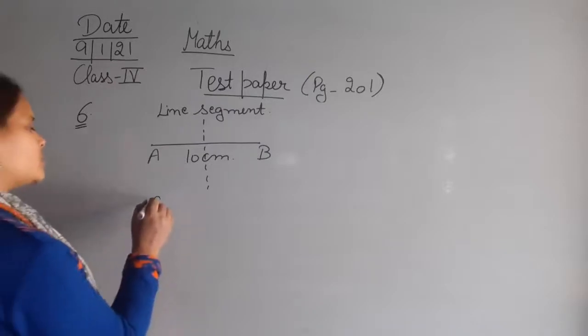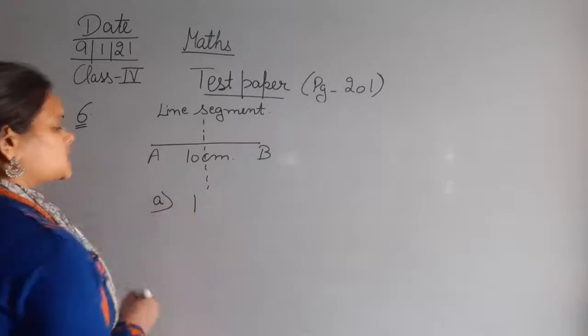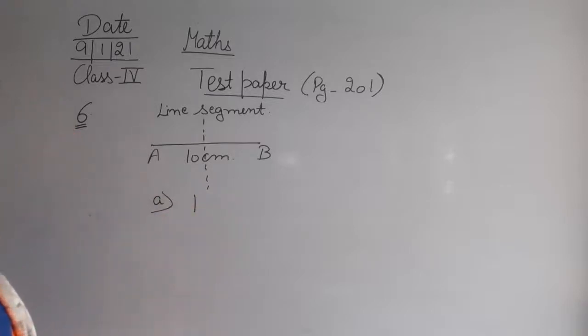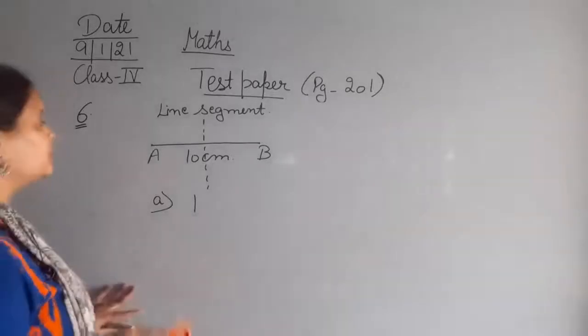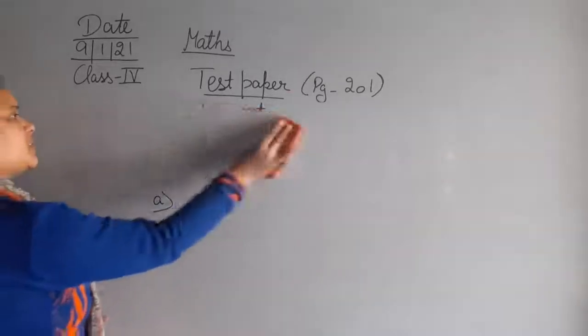So the answer is option number A, that is 1. Okay. So next, देखिए simple questions थे. चलिए, now moving next to the seventh one.